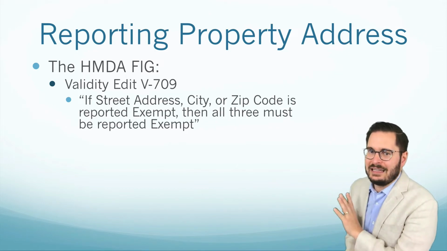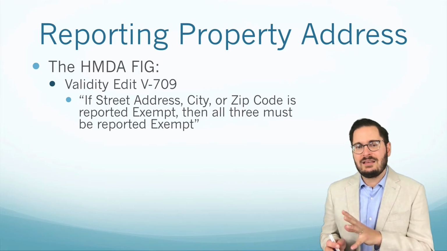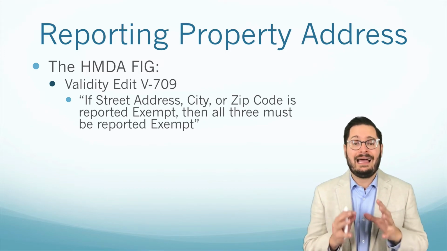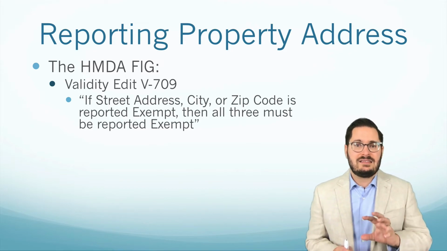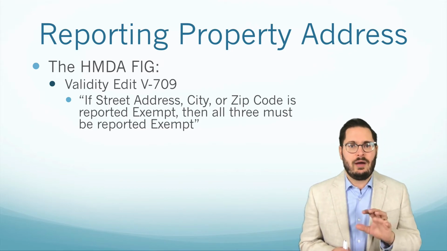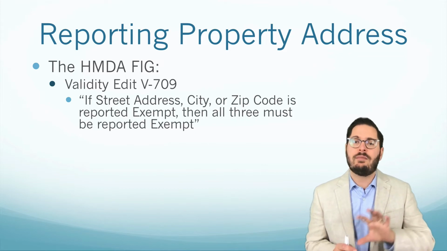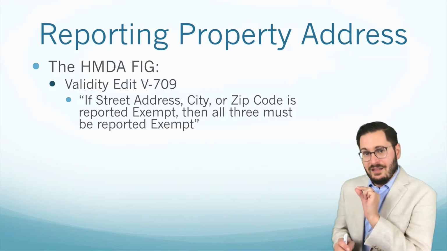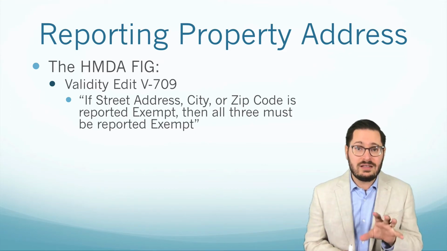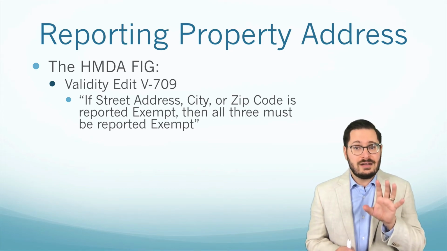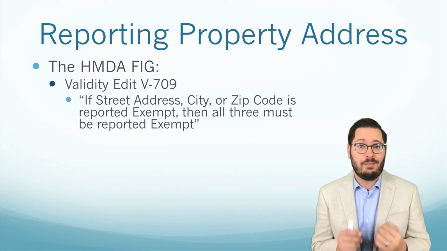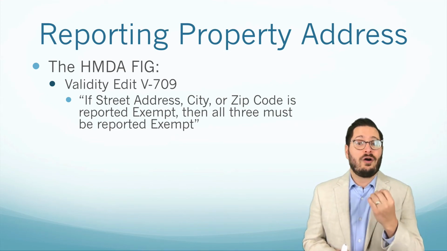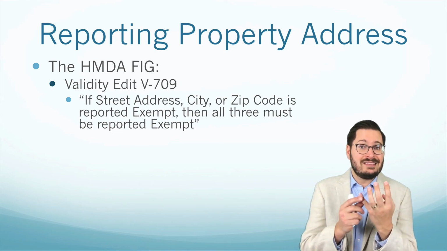What this Validity Edit is doing is making sure that our property address lists all of the fields the same way. You either list them all exempt or you report them all. This is the edit that's telling us what to do for property address. As you can see, there are only three fields listed under the property address data point, when in fact there are four fields, of which state is the fourth.